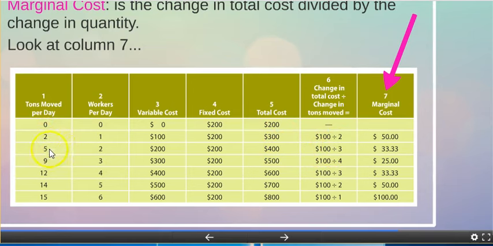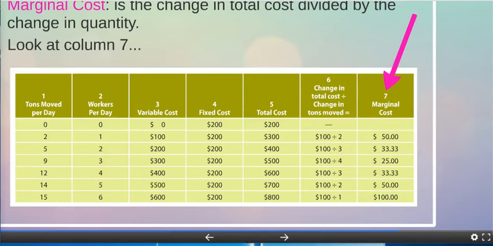From 2 tons to 5 tons is 3. 100 divided by 3 is 33. Our change in cost between $400 and $500 is $100. Our change in tons moved between 5 and 9 is 4. So 100 divided by 4 is 25. This is our marginal cost.